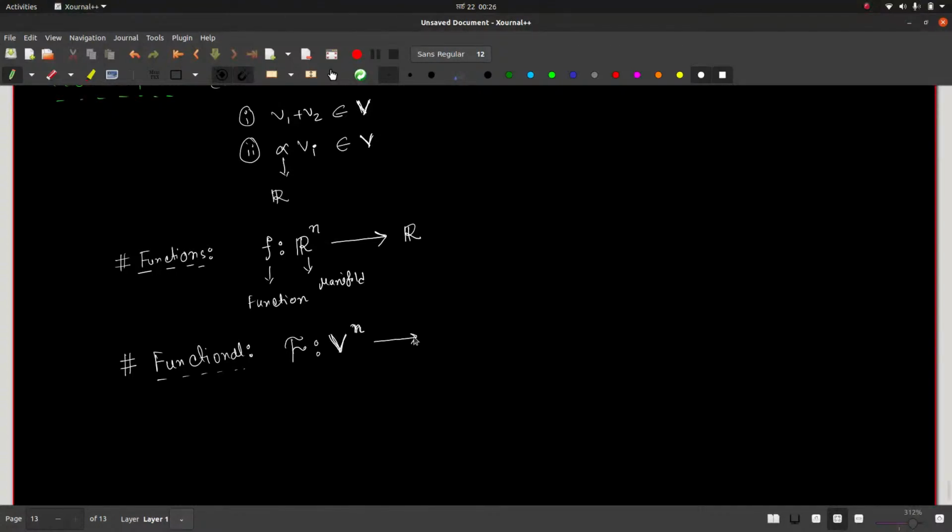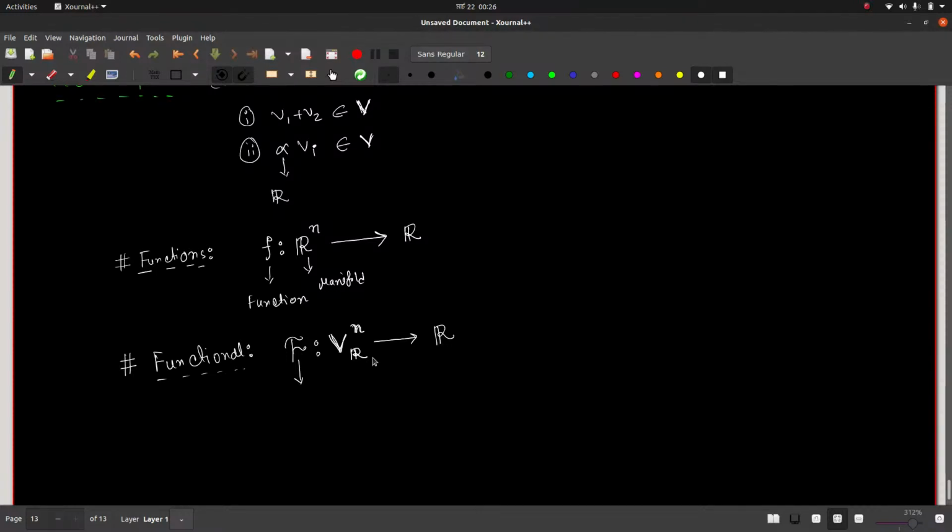A functional would take in a vector or a vector function, and this will ultimately map it into a real number as well. Note that we are only considering real vector spaces, so you can also apply an R over here just to be sure that you are dealing with real vector spaces. This mapping over the vector space is known as a functional.